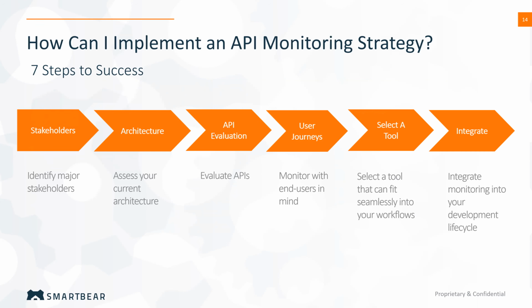Once you're able to do that, your teams function a lot better, you're able to recover a lot better, and you have a good idea of where you stand at all times. So keep that in mind when you're trying to get started with API monitoring.